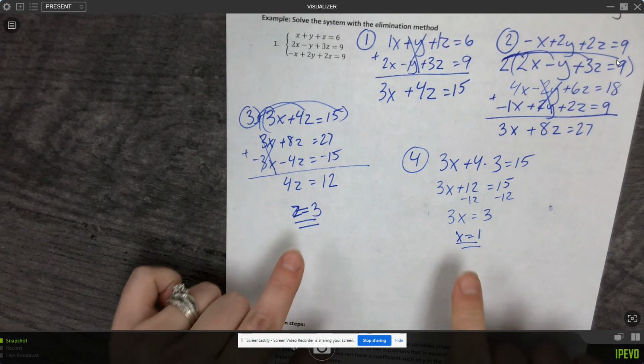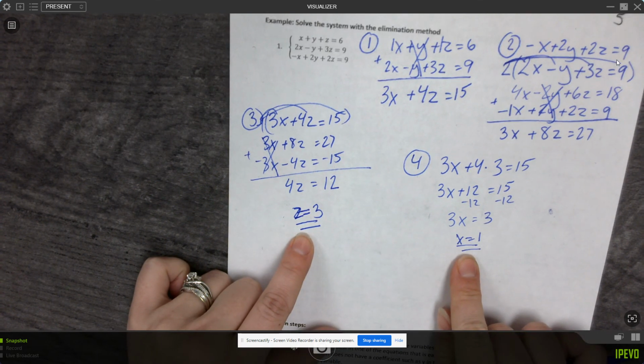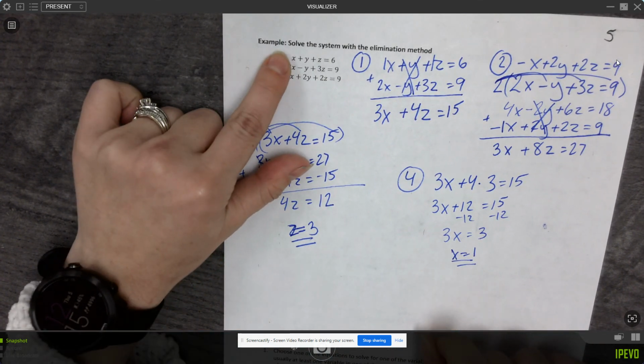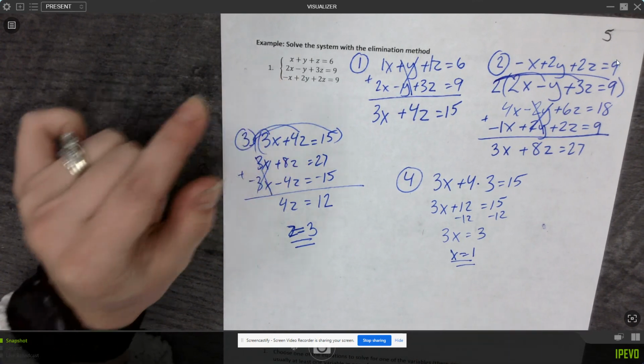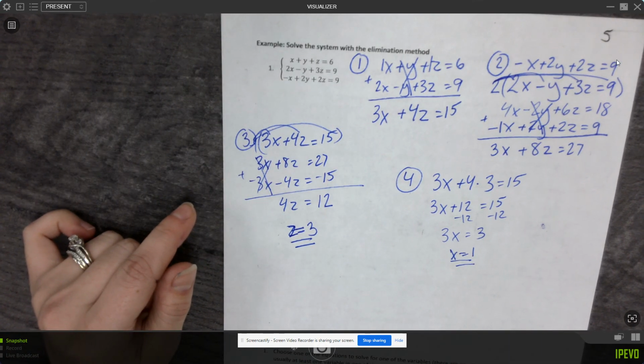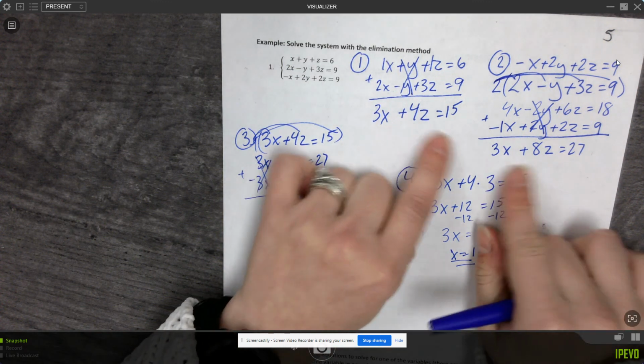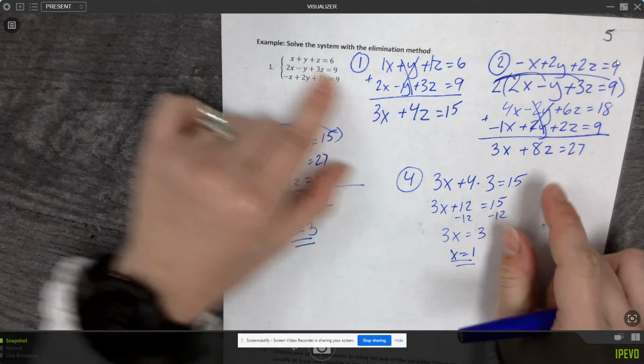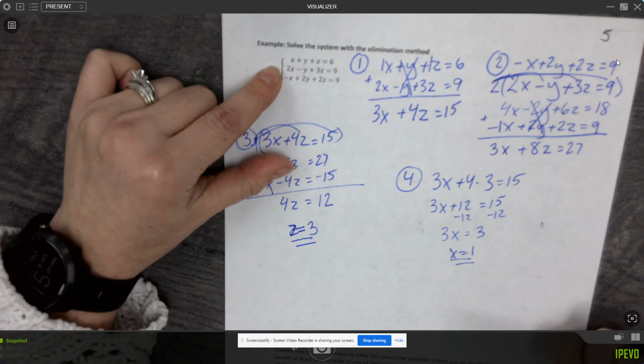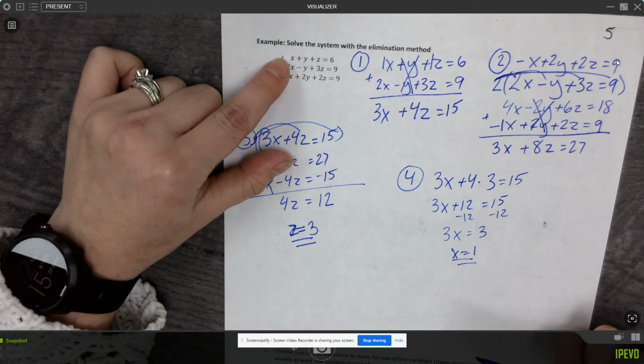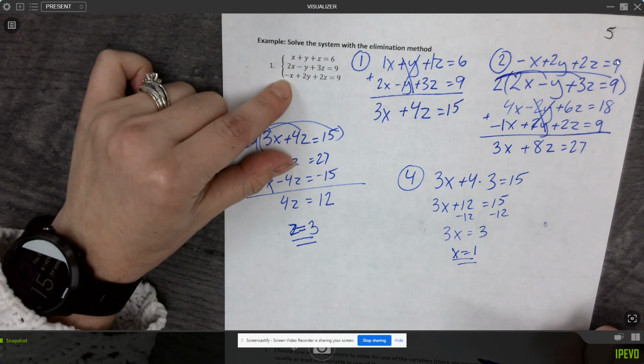Now, you're going to take both of these and plug them into one of the original equations. And it doesn't matter. Here, it may or may not matter, but I'm going to point out that this top one says x plus y plus z equals 6. That's going to be a lot easier to solve than any of these bottom two.